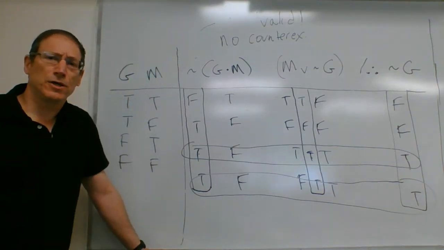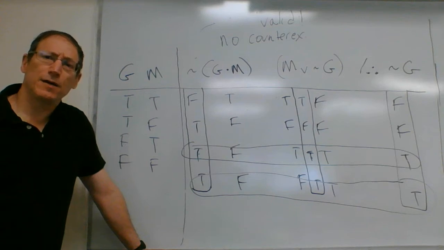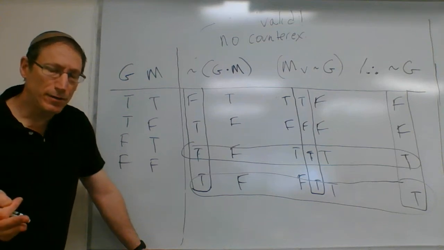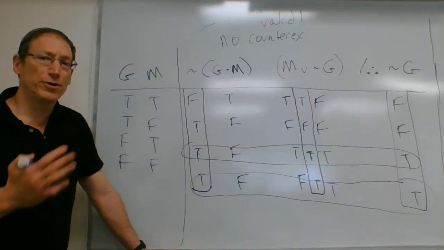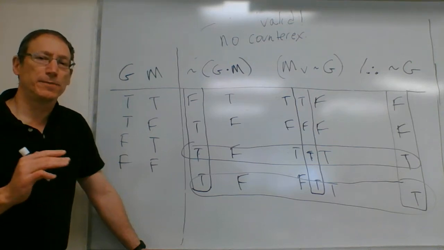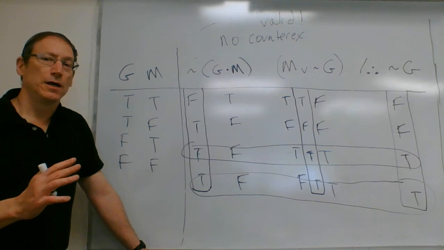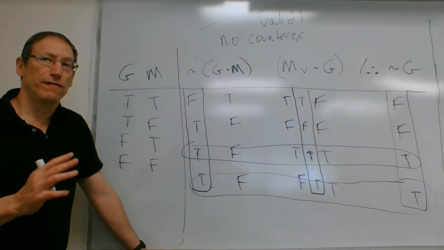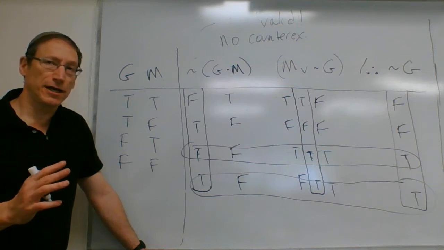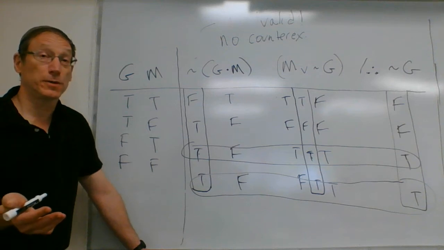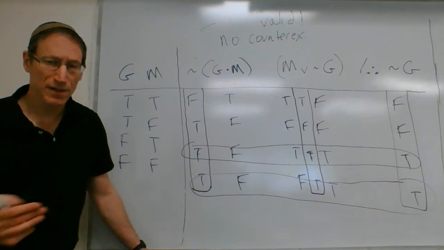Now, let's try an example where you have three components. If you have three components, your truth table is going to have 8 rows. If you have 4 components, it's going to have 16 rows.